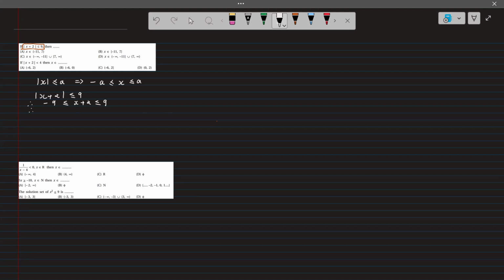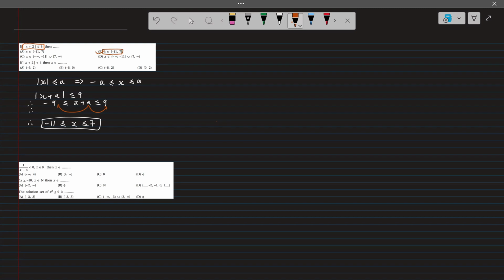We'll subtract 2 from all three sides and we get minus 9 minus 2 will become minus 11, less than equals to x less than equals to 7. So the range of x is between minus 11 to 7, which is given in option B. Both are included.